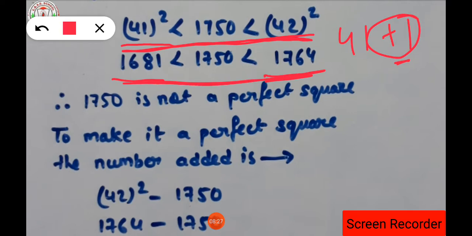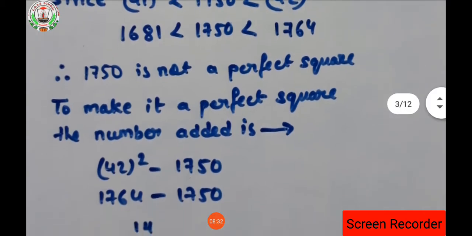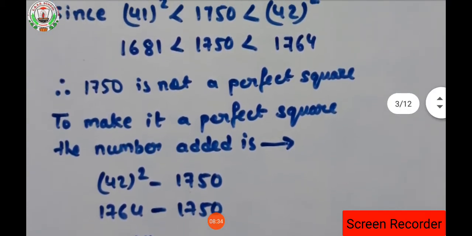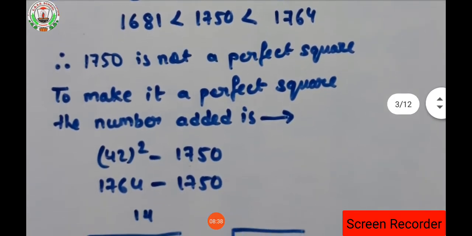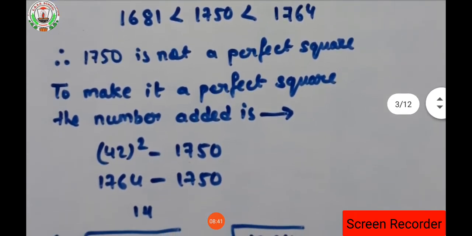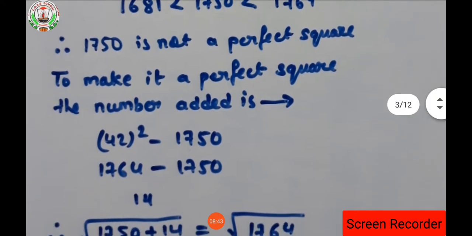Now since we know that it is not a perfect square, in order to make it a perfect square, what number should be added? So what we are going to do? We have to take 42 square and subtract the dividend from it, that is 1750.